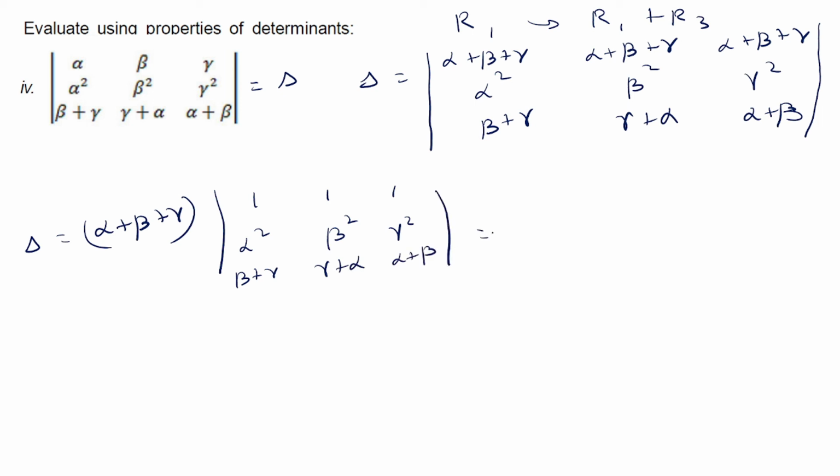Now let us perform some more operations. C2 changing to C2 minus C1 and C3 changing to C3 minus C1. So we have alpha plus beta plus gamma. C1 will remain the same.